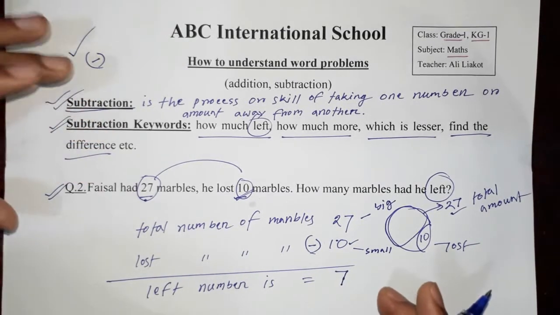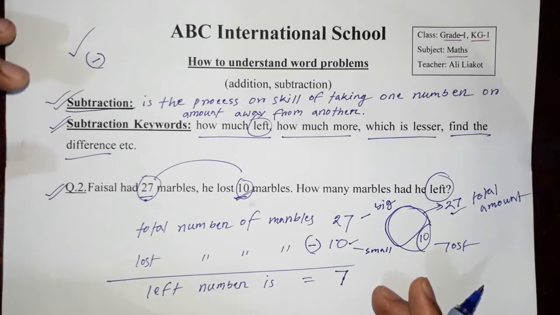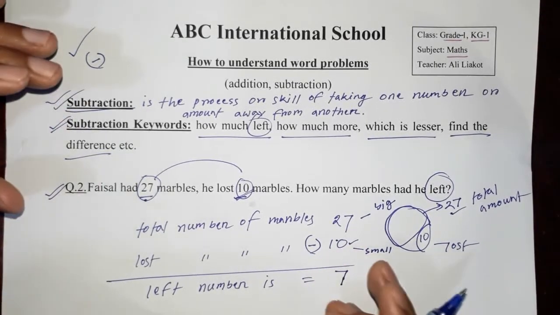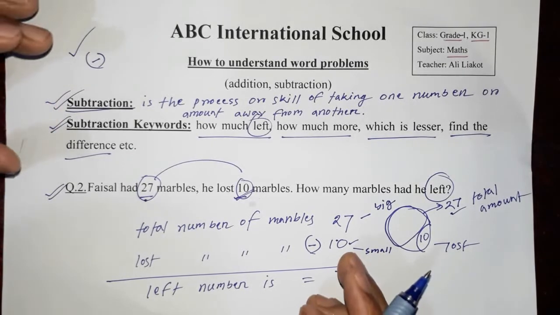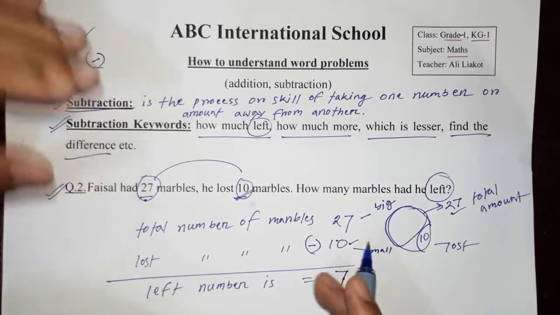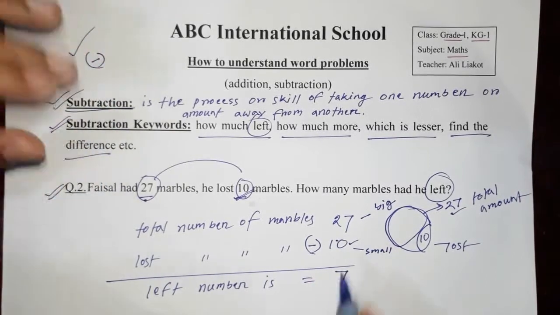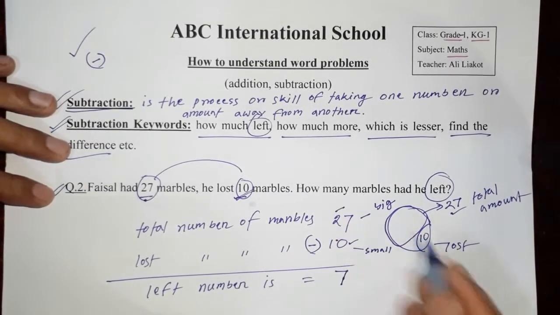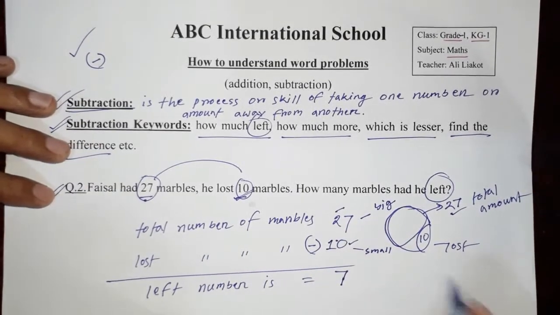Yes, I told you in addition that whenever we add any number with a 0, the number would not be changed. And the same thing here, whenever you minus 0 from any number, the number would not be changed. Now come to the left side. The top number is 2 and the bottom number is 1.